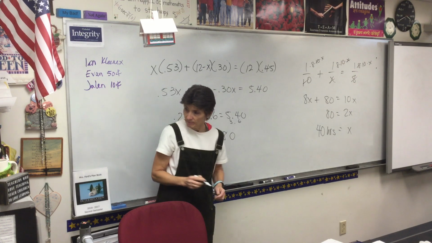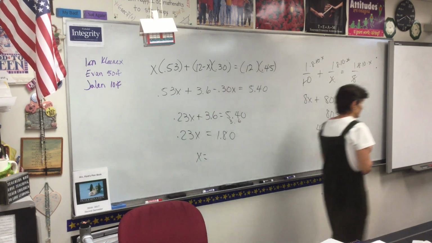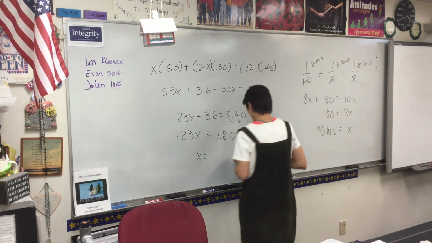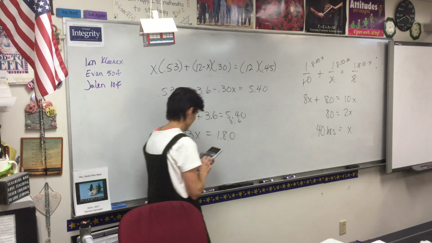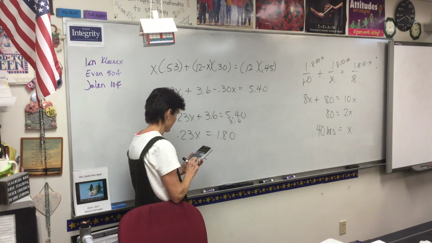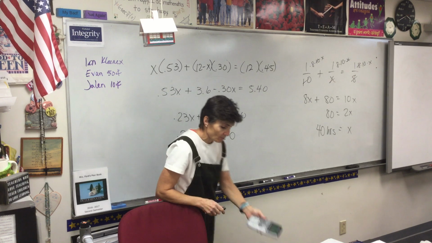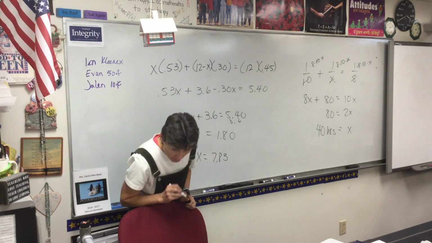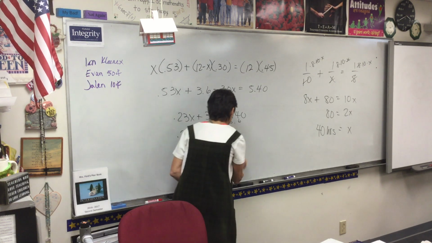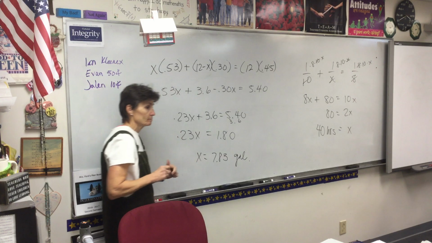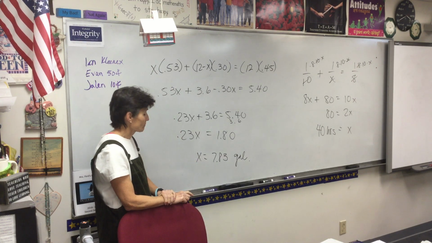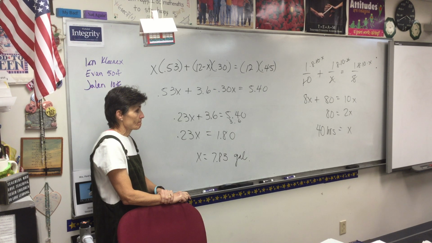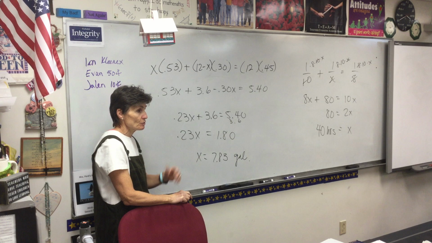And I'm going to divide. And we're ready to do that. Got 7.83. And that was balance. Everybody okay with that? Any issues?